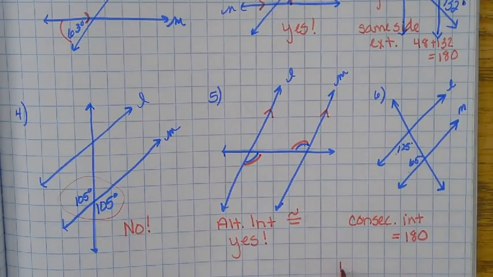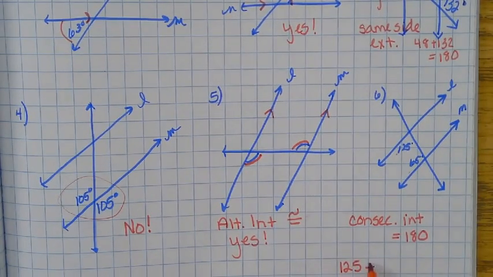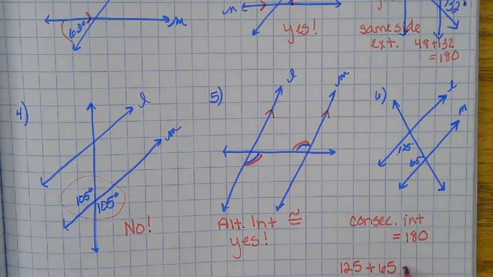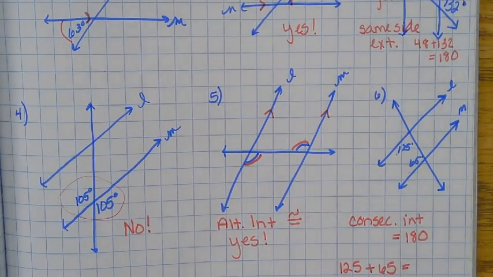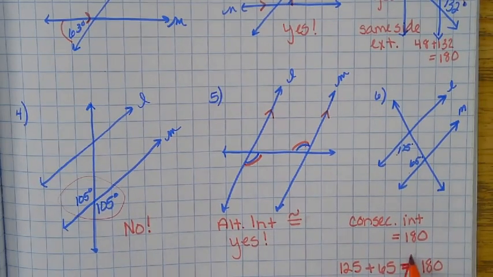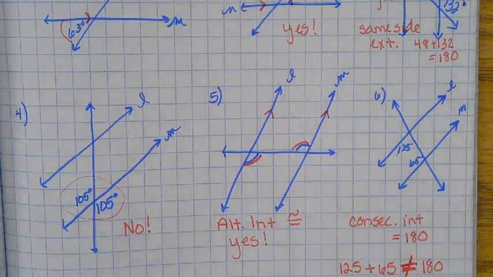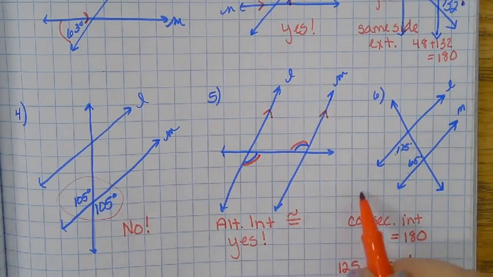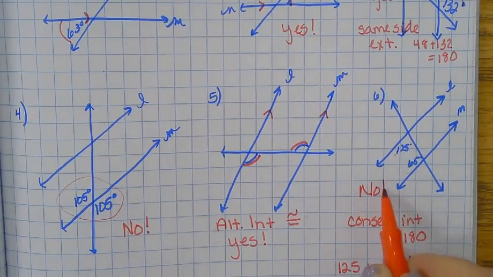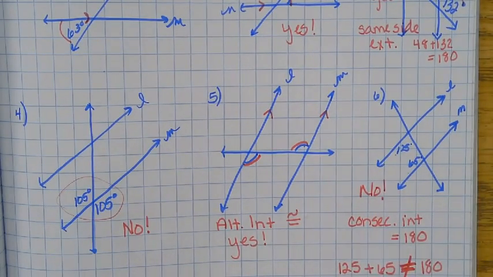So do they add to 180? Do they? No. They do not equal 180, right? So I'm going to make a not equals mark there. Because they don't equal 180, that means that these lines are not parallel.